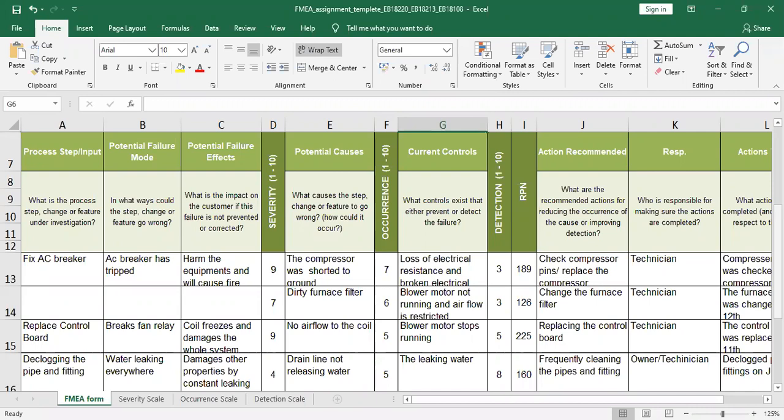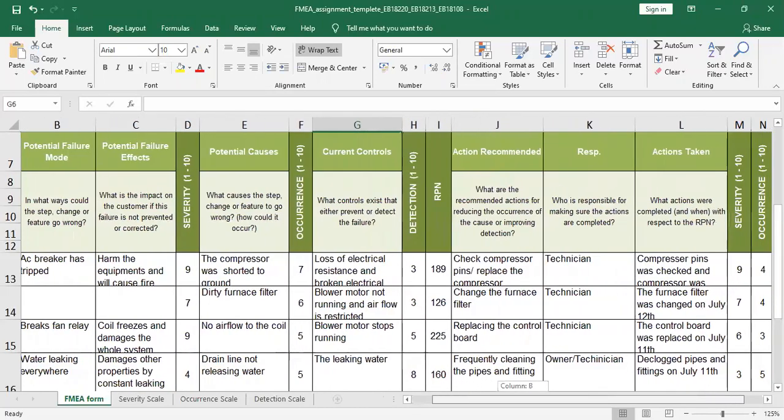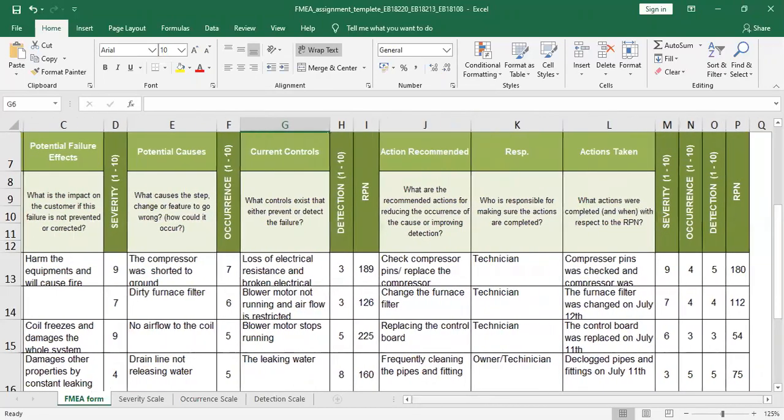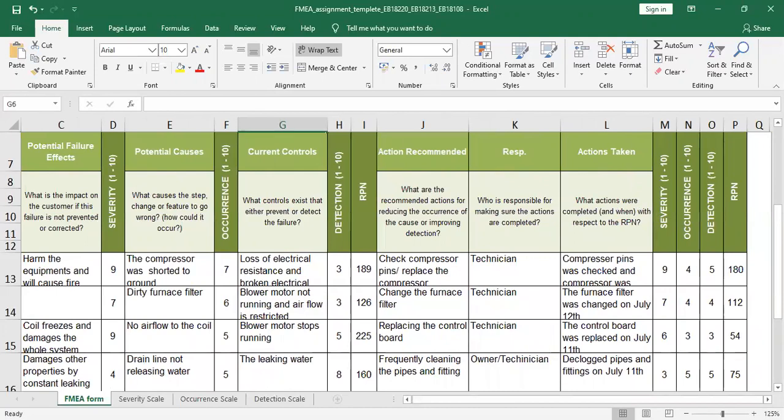The potential cause is no airflow to the coil, and the occurrence is 5 because it can frequently occur. The current control is that the blower motor stops running. The detection is 5 because it will be able to detect. So the total is 225.